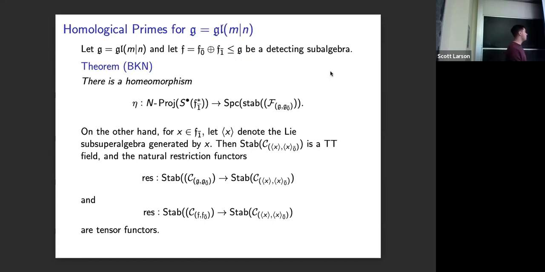And it turns out that this is actually a TT field. And so these natural restriction functors are perfect candidates for feeding to the diagram on the last slide. So we get a collection of homological primes indexed by elements of F1 in this way.